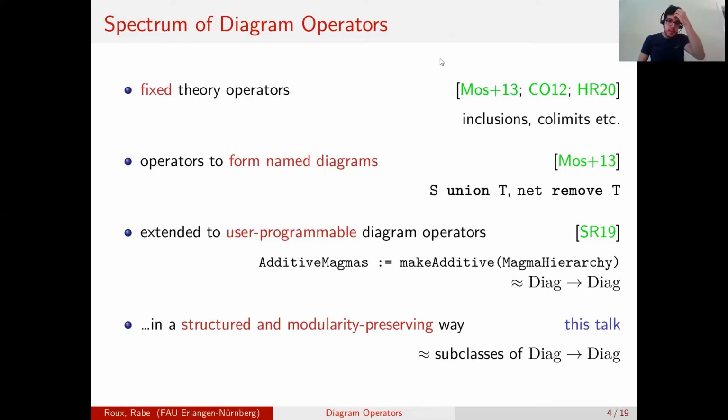So diagram operators now just are coded functions accepting a diagram as some abstract syntax tree and outputting another one. Some are coded into the system, but notably it's user programmable in the following sense.